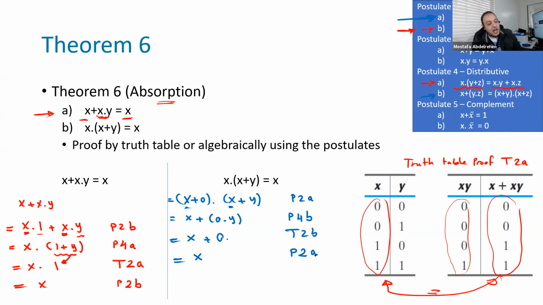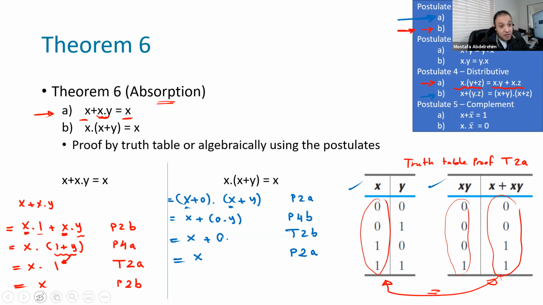This is very nice because now we used the definitions that you define for Boolean algebra, like the truth table, and you could prove these two theorems using the truth table, and you could also prove them algebraically using postulates and also other theorems that you discovered before that.